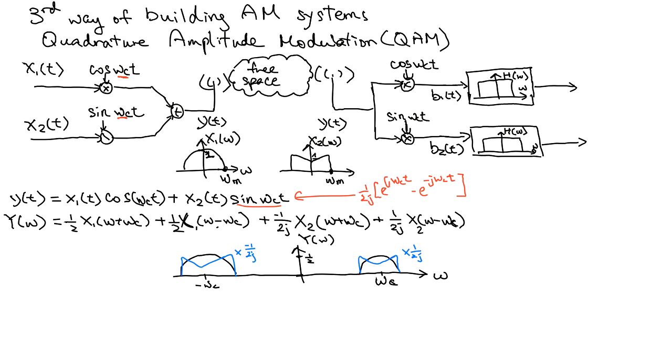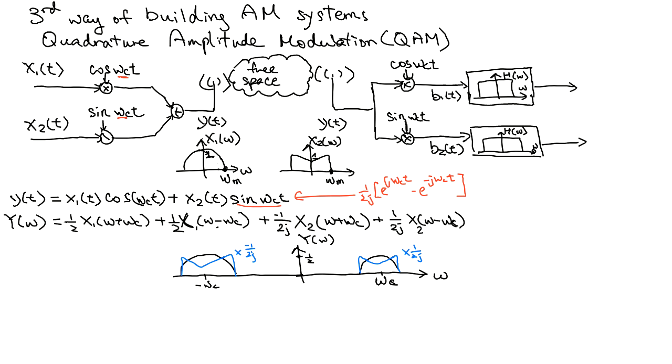All right. So now here's the problem. If you look at the spectrum of y, the two signals actually overlap, the spectrum of x1, x2 overlap. But now things will become interesting.